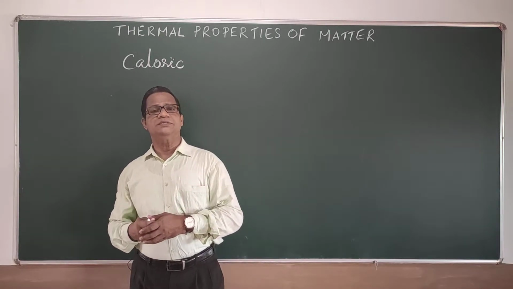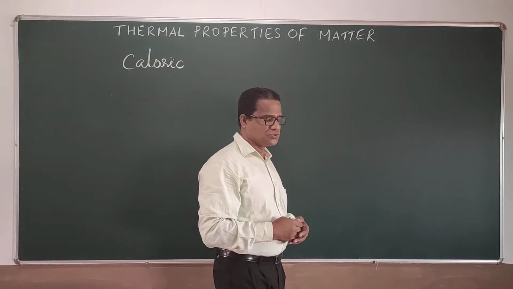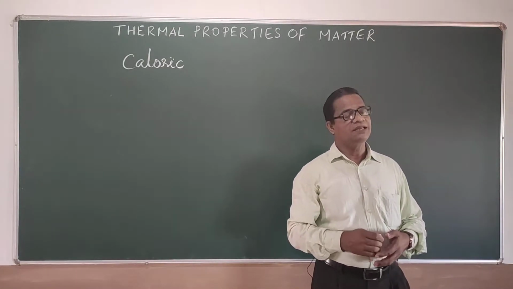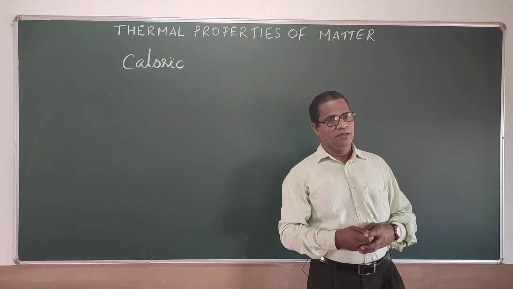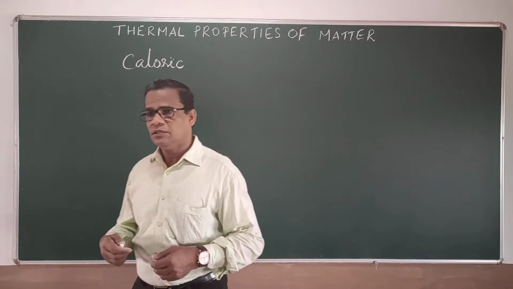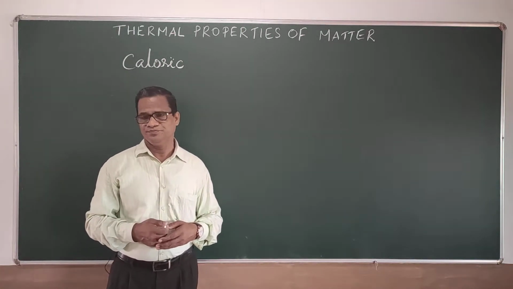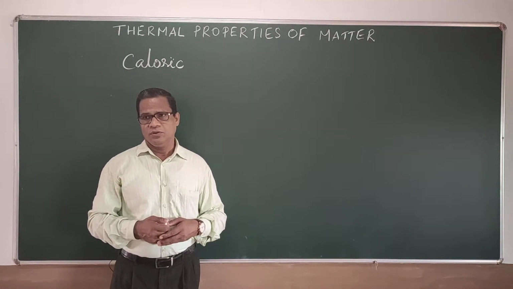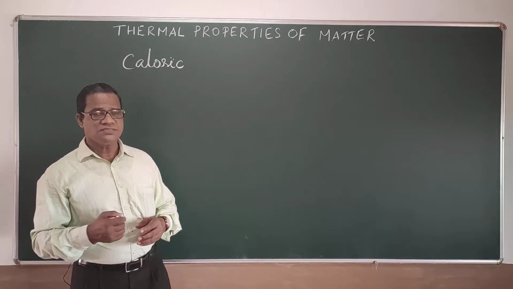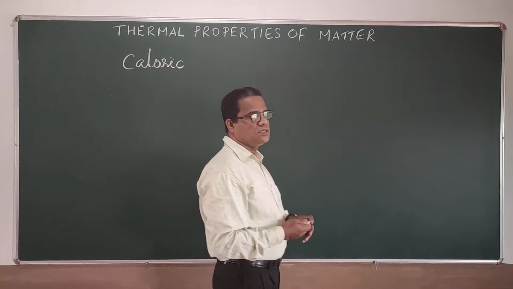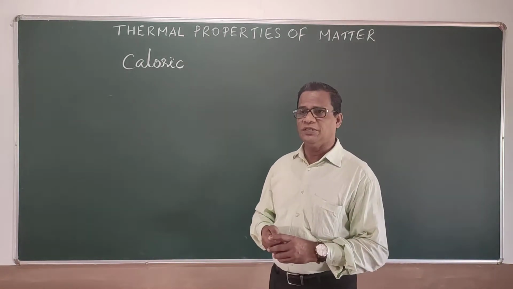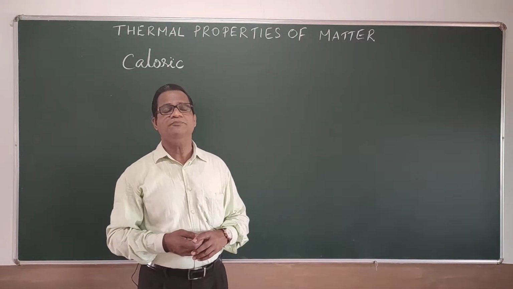If this fluid is added to a matter, the hotness of that matter is increasing. And if this particular fluid is removed from the matter, the body becomes cold. This was the concept we have taken earlier. But this concept failed in explaining many different thermal properties exhibited by the matter.